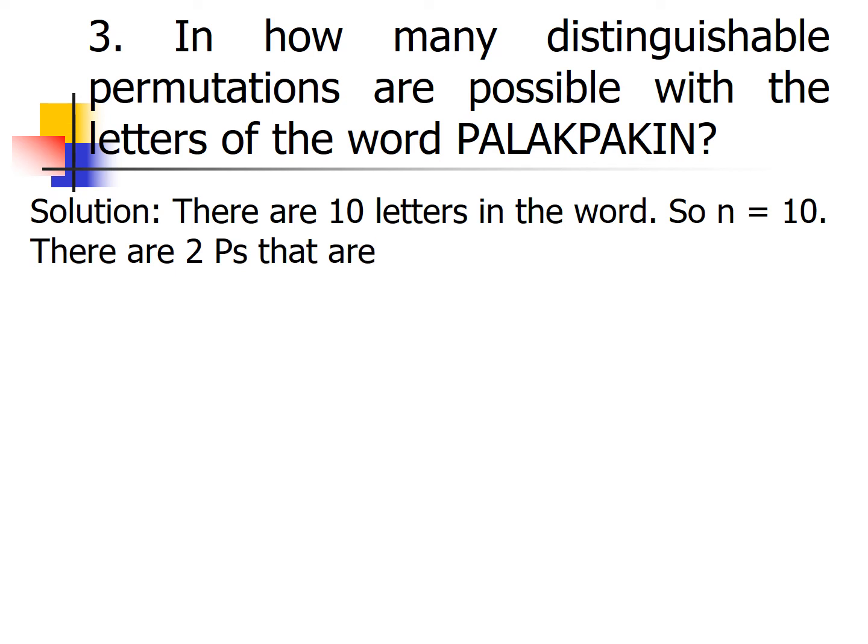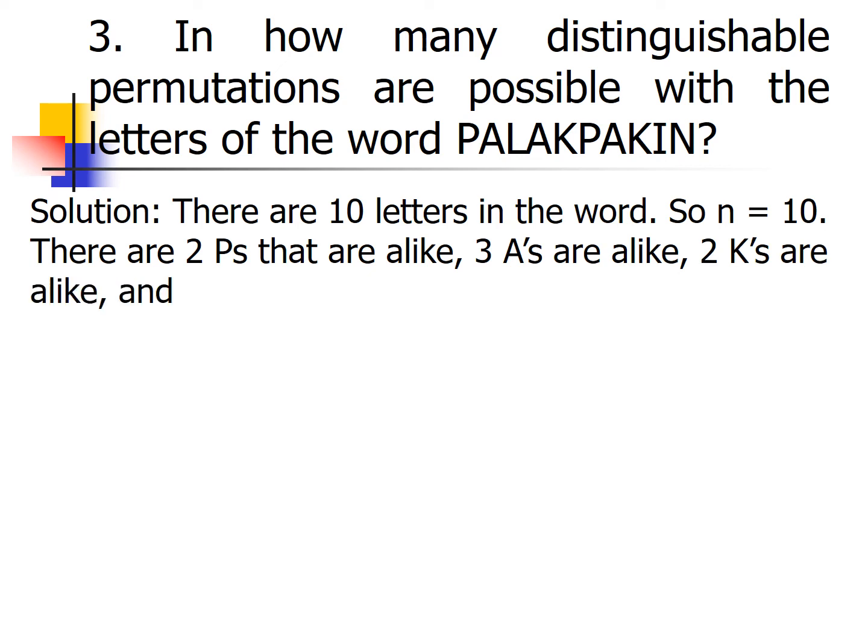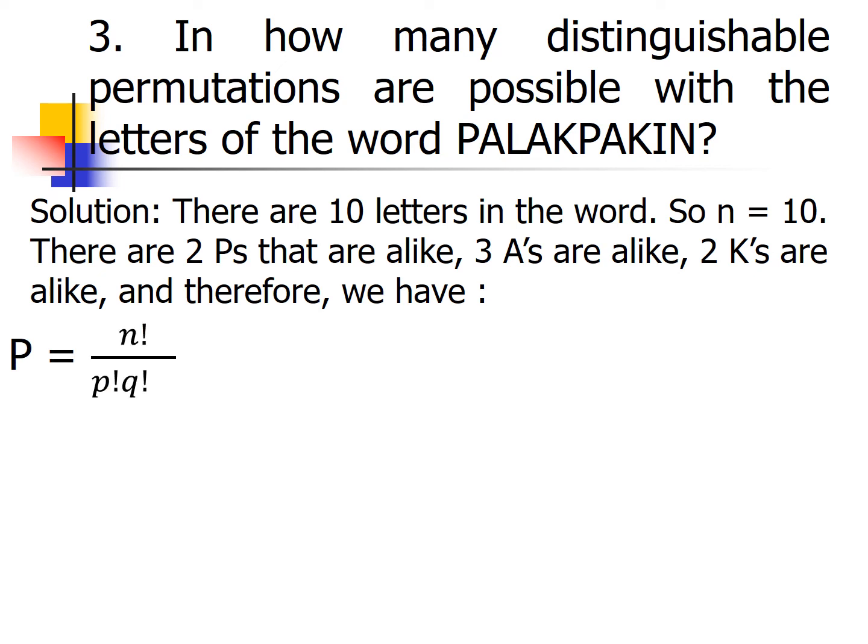And there are 2 P's that are alike, 3 A's that are alike, also 2 K's are alike. Therefore, we have P of n factorial over P factorial, Q factorial, R factorial.